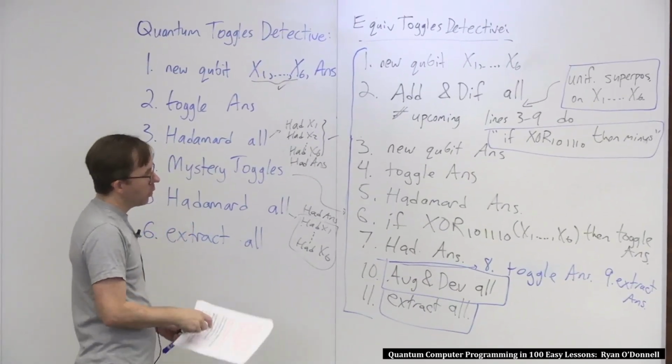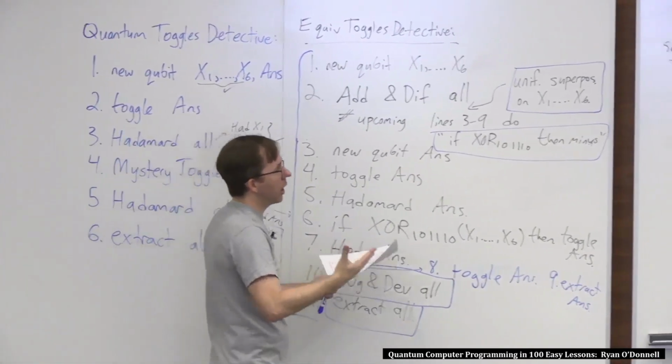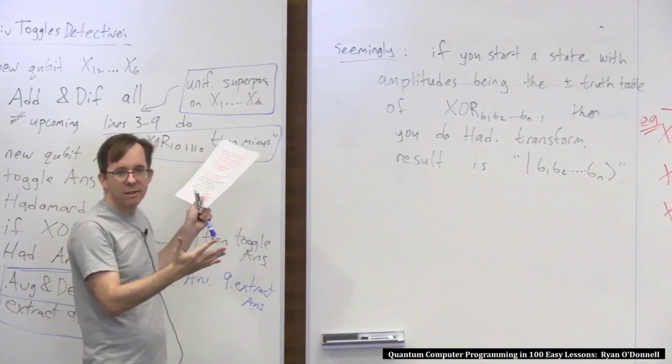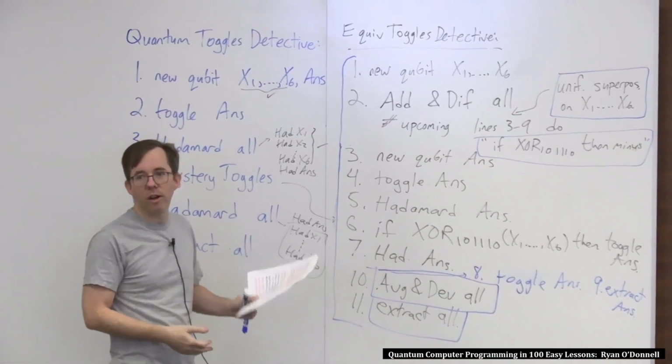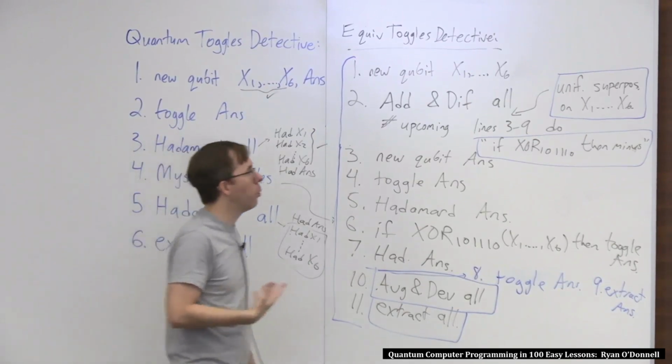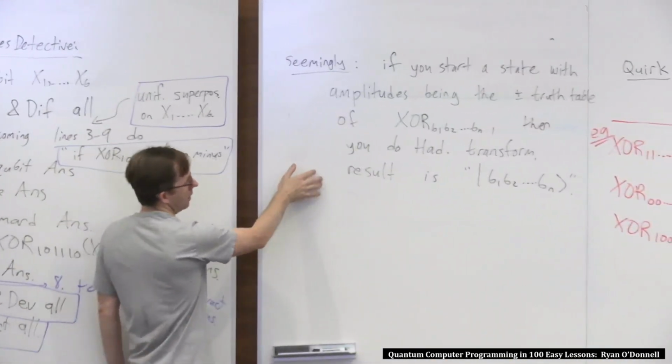So remember at the beginning of the class, I told you, okay, today's lecture, we're going to find out in general, if you have some state of n qubits, and then you do the Hadamard transform, how do you understand what the resulting amplitudes are? And once we understand that, one thing we'll come to realize is indeed exactly this.